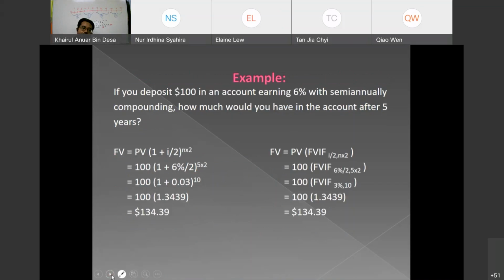Mari kita let's do this example. If you deposit $100 in an account, earning 6% semi-annual. Compounding is the keyword for future value. So how much would you have in the account after 5 years?